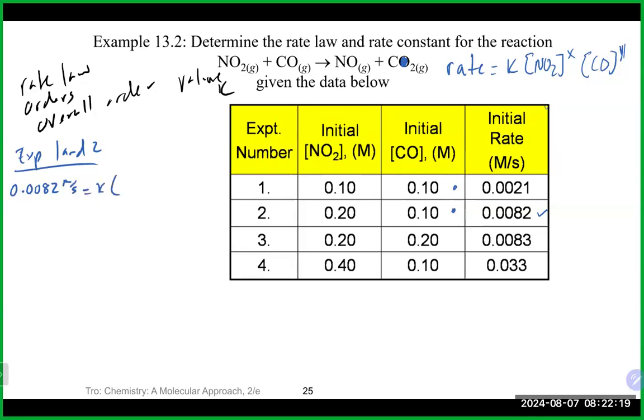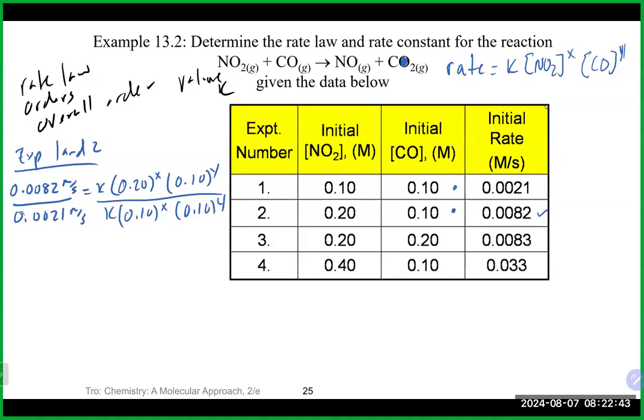In this case, my concentration would be 0.2 to the X, and my other concentration there would be 0.1 to the Y. We're then going to put everything for experiment 1 on the bottom. And here we've got 0.1 to the X and 0.1 to the Y.